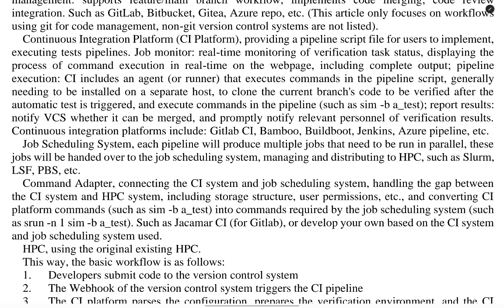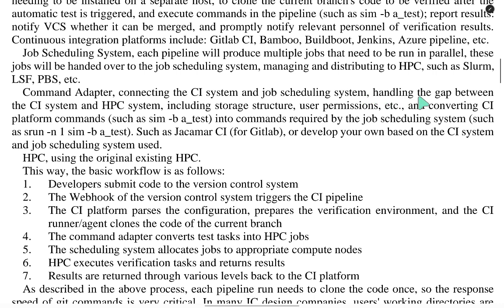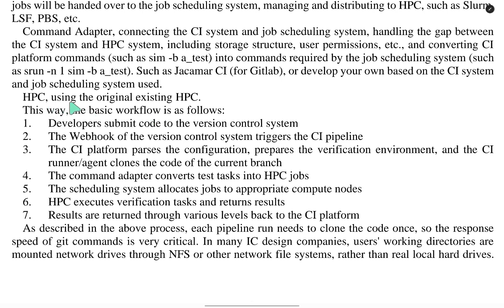These jobs will be handed over to the job scheduling system, which manages and distributes them to HPC, such as Slurm, LSF, PBS, etc. The command adapter connects the CI system and job scheduling system, handling the gap between the CI system and HPC system, including storage structure, user permissions, etc., and converting CI platform commands such as sim-ba_test into commands required by the job scheduling system, such as srun -n sim-ba_test, such as Jacamar CI for GitLab, or develop your own based on the CI system and job scheduling system used. So the HPC, using the original existing HPC.